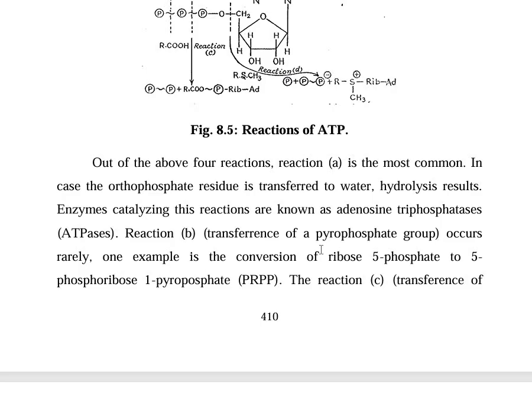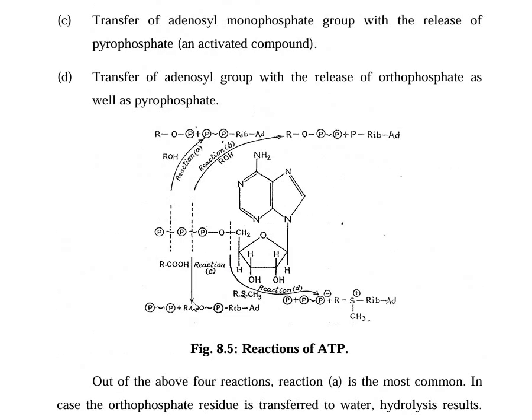One example is the conversion of ribose 5-phosphate to 5-phosphoribose 1-pyrophosphate, PRPP.